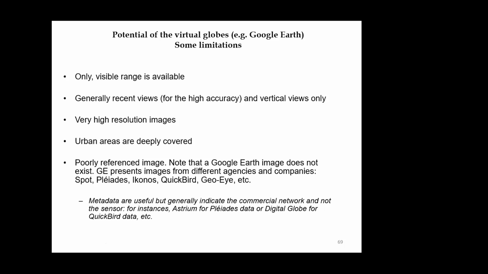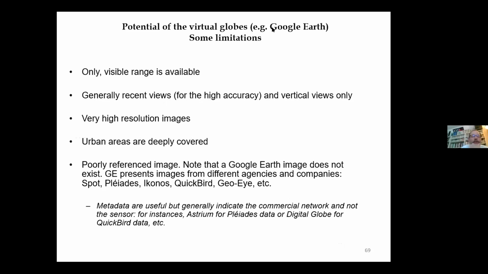You have only data in the visible range, and I think that I have illustrated that other ranges, such as infrared or the radar ranges, are very interesting. So in Google Earth, you have only visible range data.